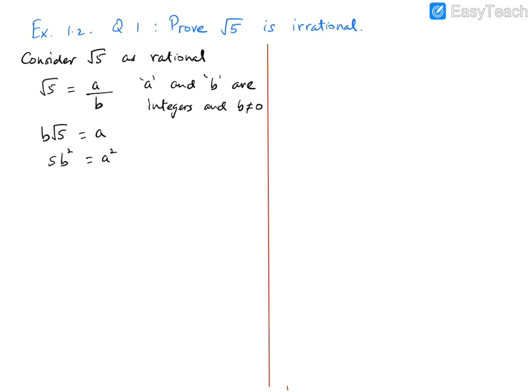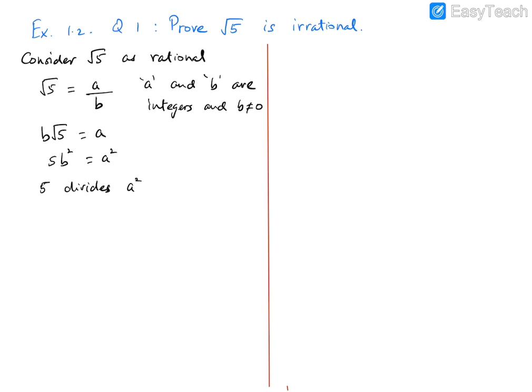Because of this relationship, a square is 5 times b square, or in other words, we can deduce that 5 divides a square.